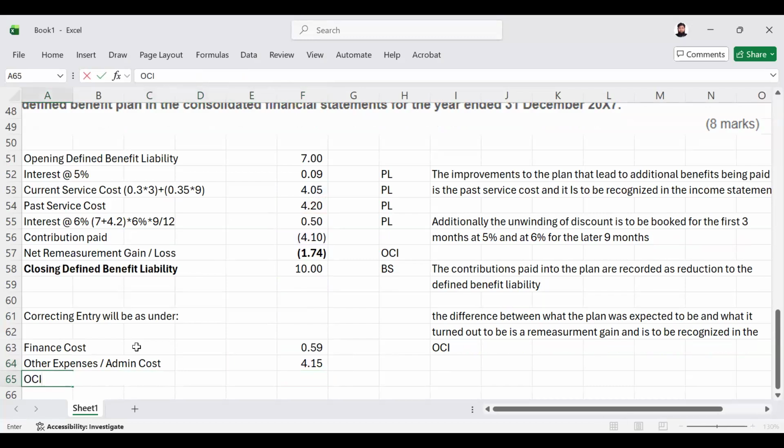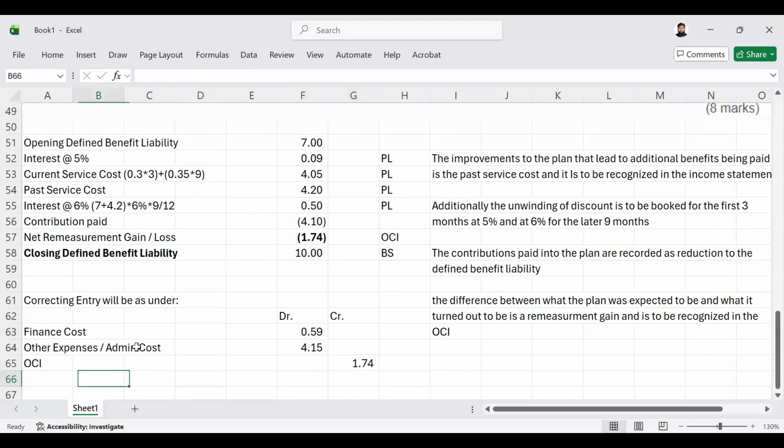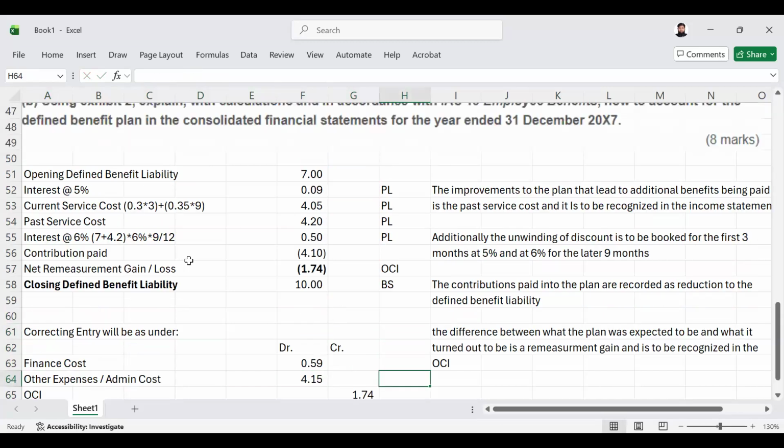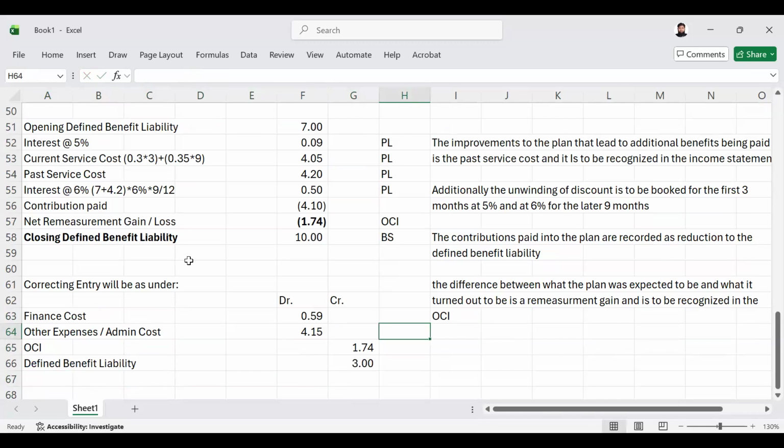The other comprehensive income is going to be credited by 1.74. Defined benefit liability is going to be credited by 3 million. So this is what the correcting journal is going to be.